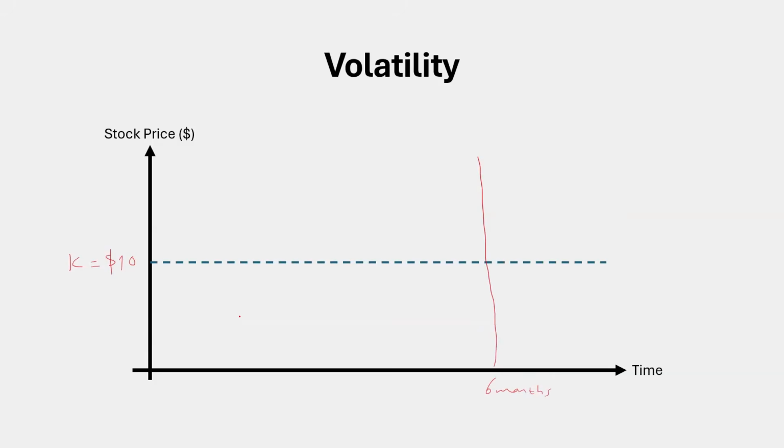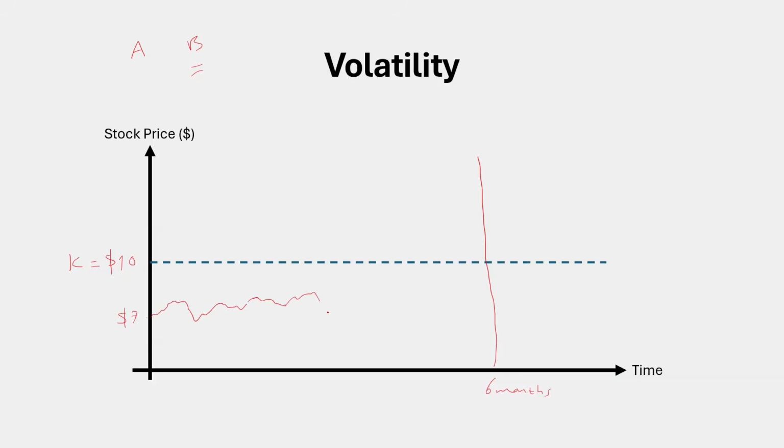Let's compare two different stocks, and let's say we have an identical option contract. In each case, the contract expires in 6 months, and the strike price is 10. So we have stock A and stock B, and let's say B is more volatile than A. For example, we can start at a price like $7 for stock A. Because it is less volatile, its price won't fluctuate a lot over time.